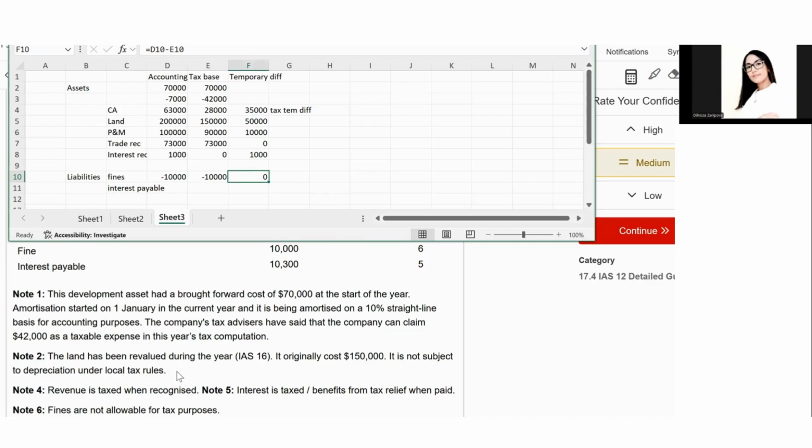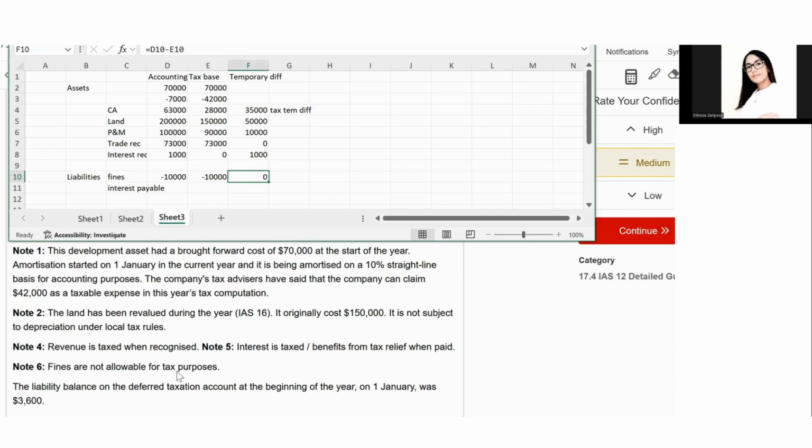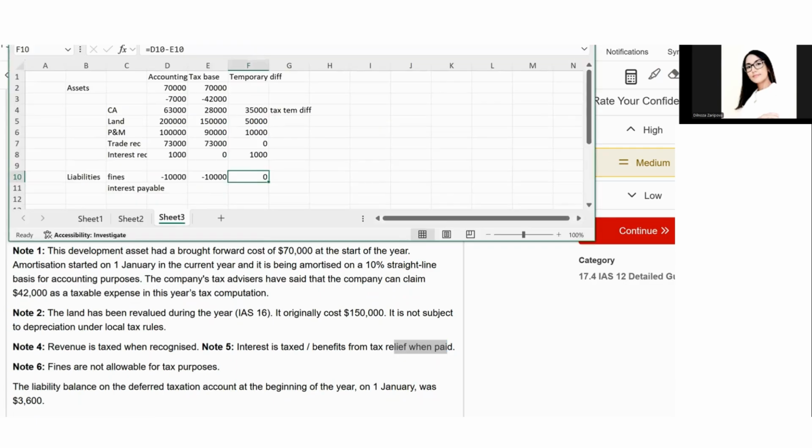Interest payable. Interest is taxed when paid, right? And that's why, for this interest, you apply the same approach. If it's 9,300, then you put 0 here, because for now you don't have any tax base. But in the future, when they are paid, you will have tax base.